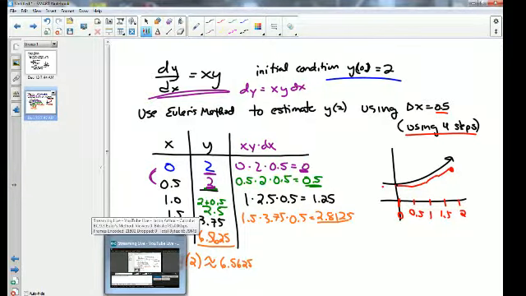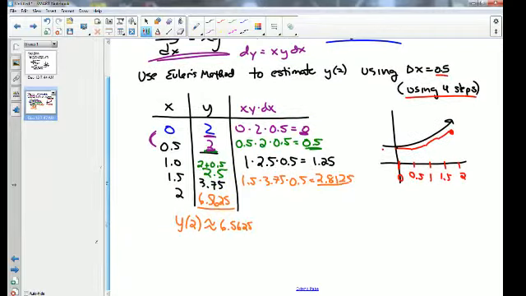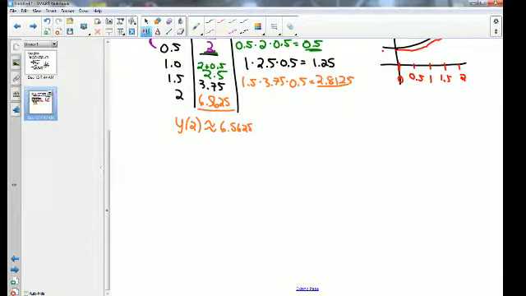Now the question you can be asked is: is 6.5625 above or below y at 2?